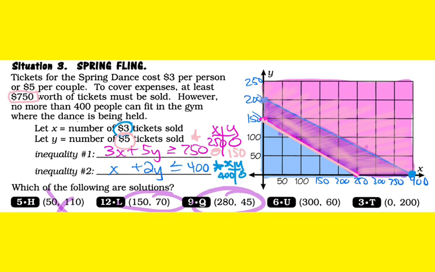So that's 400 right here. And if X is 0, then I can sell 200 because they're coupled, right? And I go ahead and draw this line right here. And I know that's the maximum amount of people I can have. So I shade that to be less than.